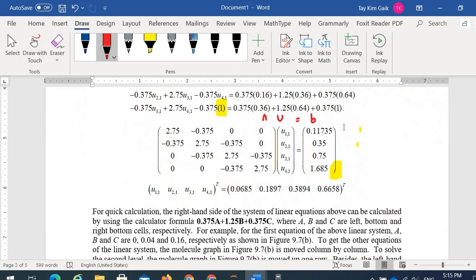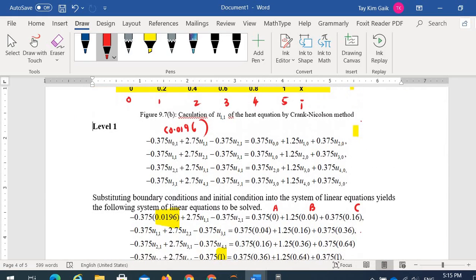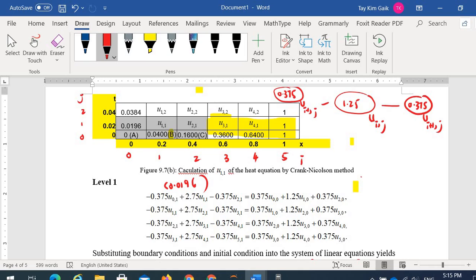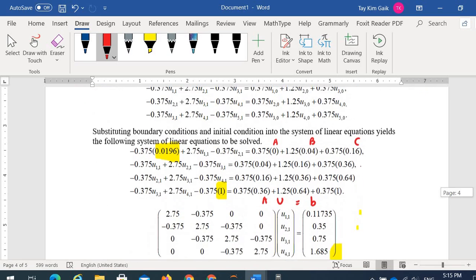To get the vector B quickly using the formula, in this case my R is 0.375, so I key in 0.375 A. The center bottom coefficient is 2 minus 2R, which is 1.25, so I represent this using B, plus 0.375 C. Then you can get the vector B quickly, but be careful.